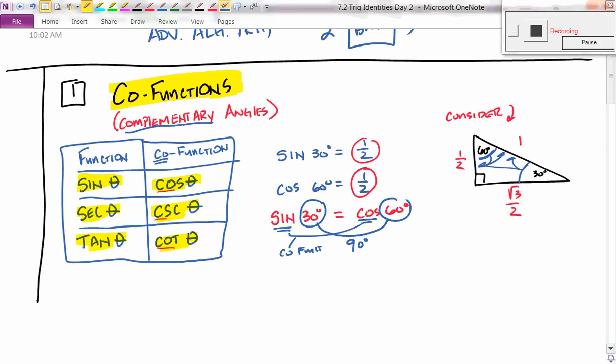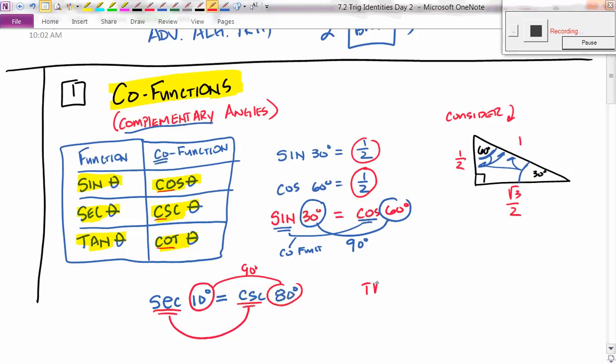We could say that the secant of 10 degrees has to be the same thing as the cosecant of 80 degrees. And again, the reason is because 10 and 80 add up to 90 degrees, making a complementary angle, and secant and cosecant are cofunctions. Okay?